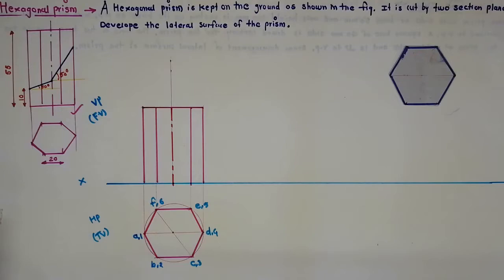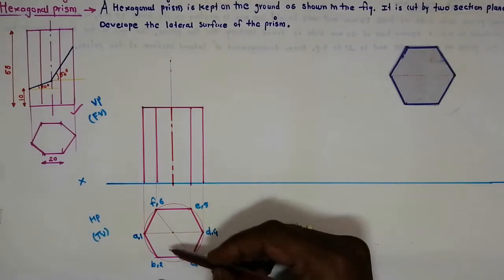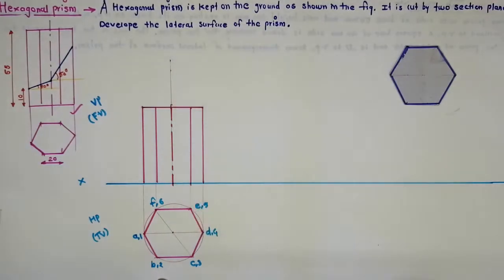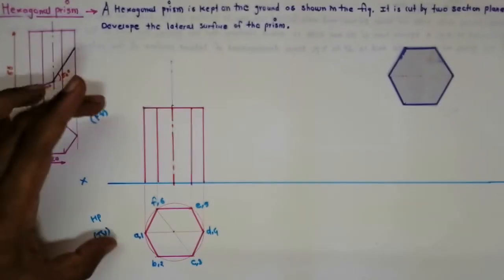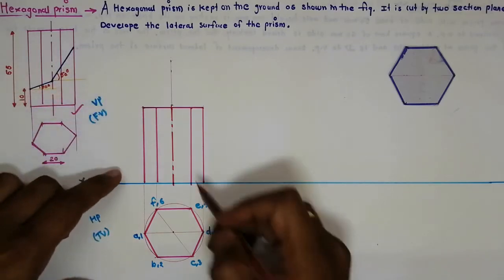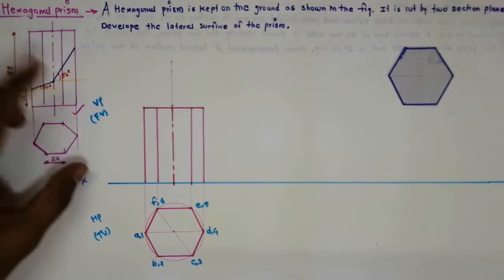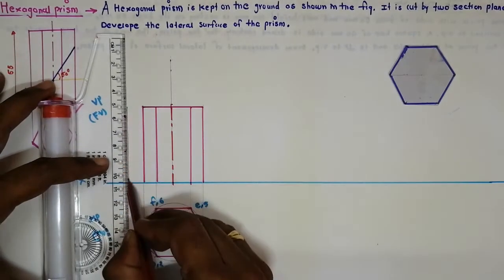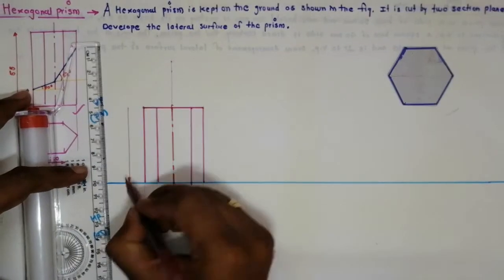Okay, and there are no projections along the axis, so it remains as an axis line. Okay, so that is the center line. Now we have drawn the front view. This axis height is 55. This is 55 here.